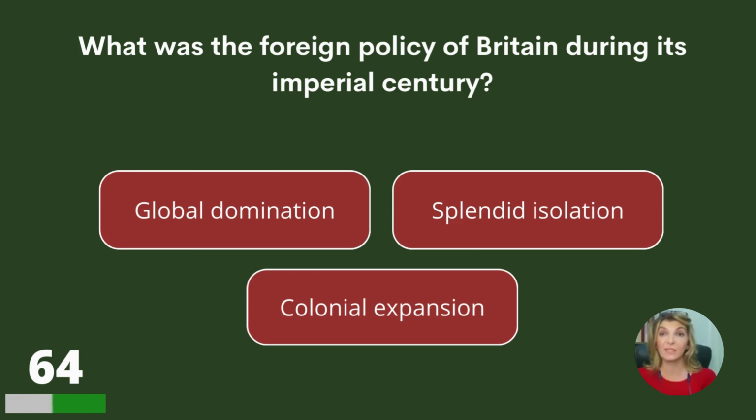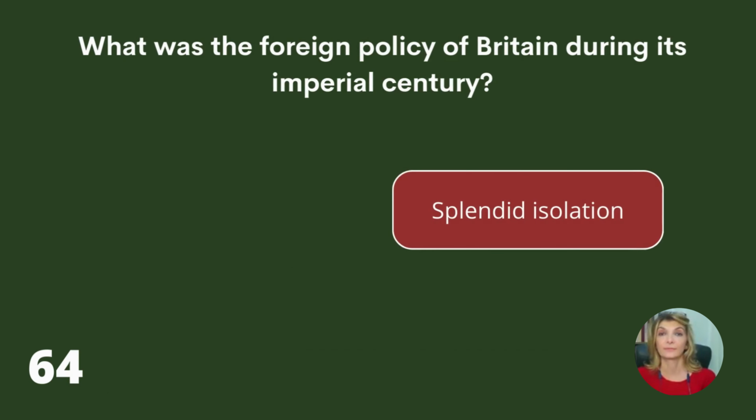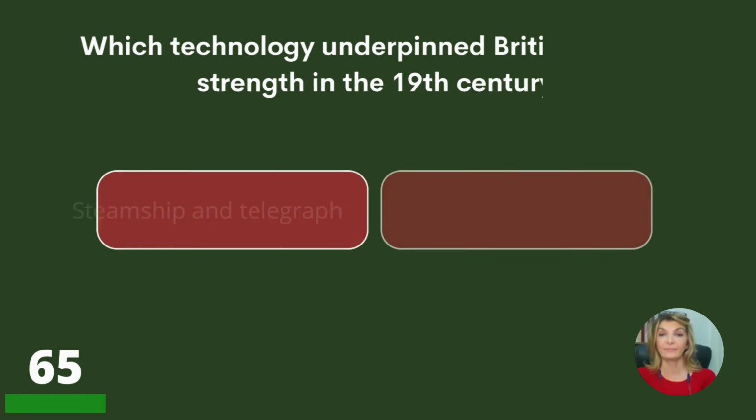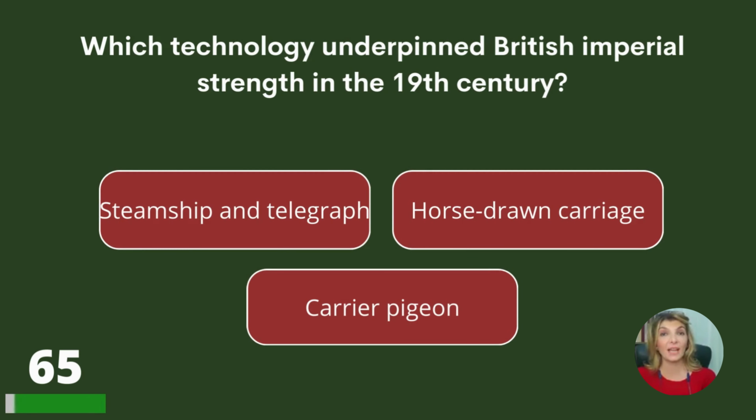Global domination, splendid isolation, or colonial expansion? Splendid isolation. Which technology underpinned British imperial strength in the 19th century? Steamship and telegraph, horse-drawn carriage, or carrier pigeon?